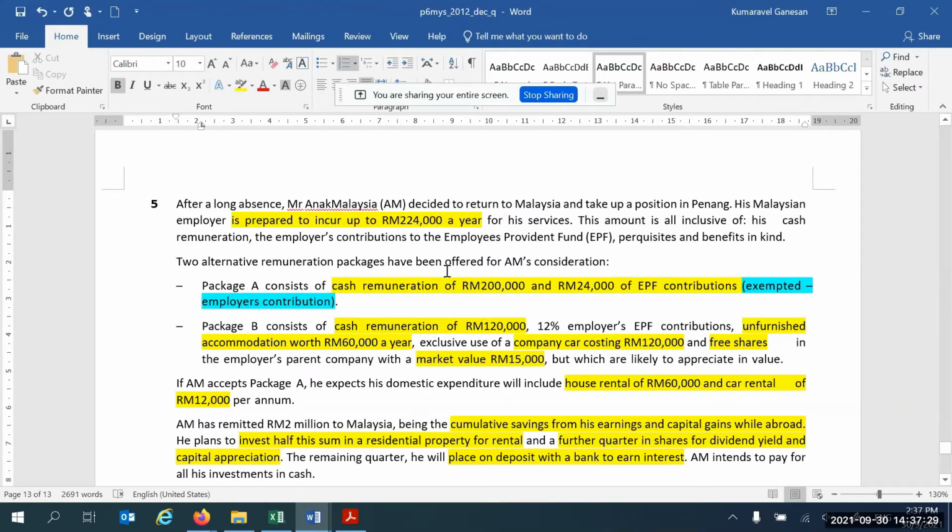If you just stop deducting there, that means you have not really studied this remuneration package. It is being told directly here in the third paragraph: if Anak Malaysia accepts package A, he expects his domestic expenditure will include house rental and car rental.